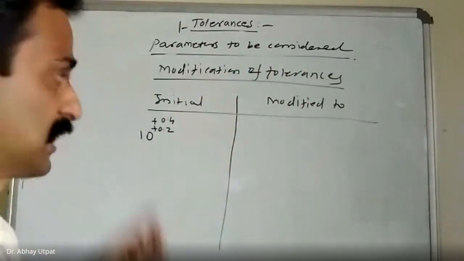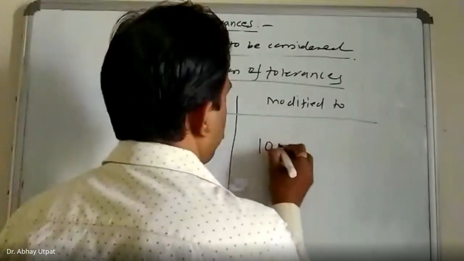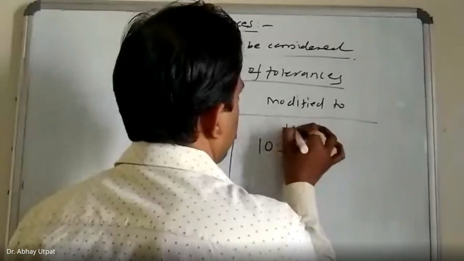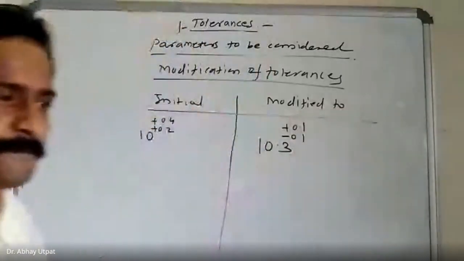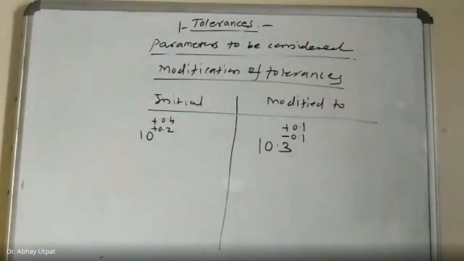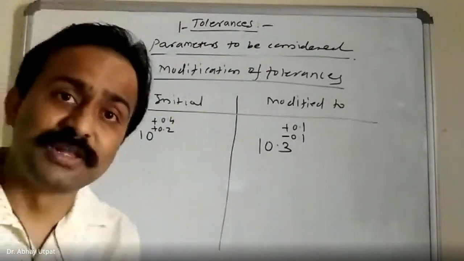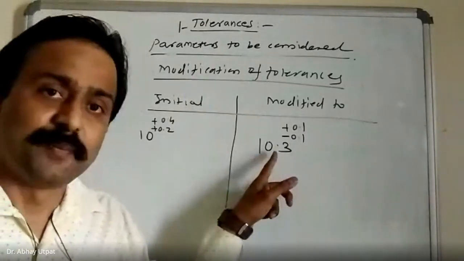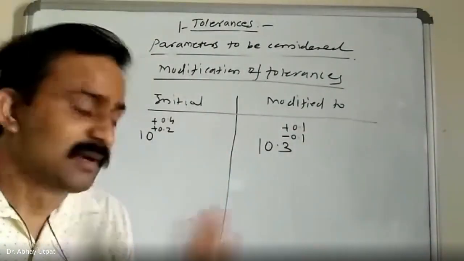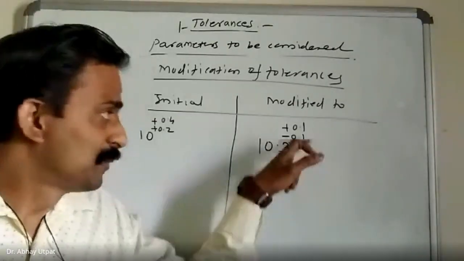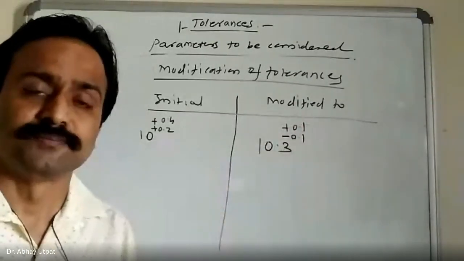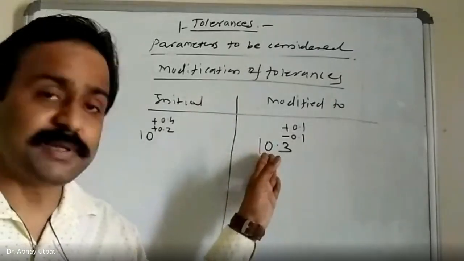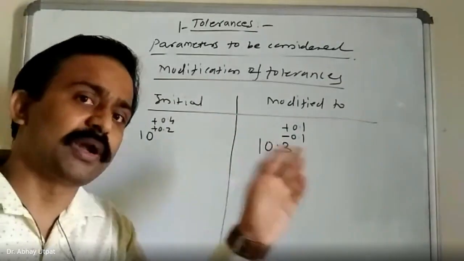How am I writing? Check. How is it looking now? So you have increased the requirement. What? My dimension should be 10.3 minus 0.1 and plus 0.1. So here you ensure that your minimum dimension will never go beyond 10.2.